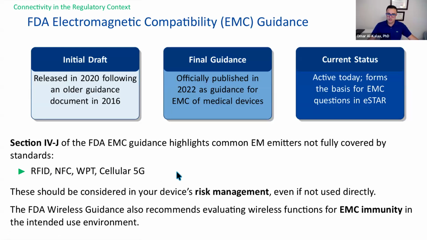The guidance is simply describing the environment that your device is going to be used in and highlighting that the emissions coming from these technologies will be present. So your device needs to be evaluated for its immunity to withstand those emissions. And again, if you haven't, I highly encourage you to go read the guidance. It's really comprehensive and useful.